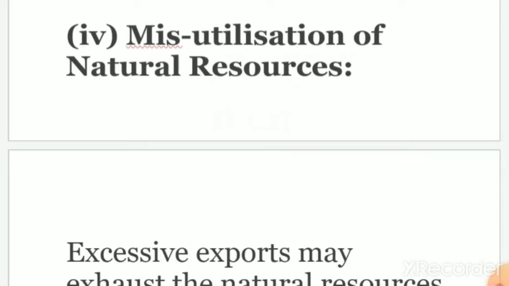Similarly, the fourth point is misutilization of natural resources. Remember, foreign countries, the MNCs and big firms, use the domestic resources. India is a rich country, but poor people live here, which means we have rich natural resources, a lot of them. This should have ideal utilization of resources.